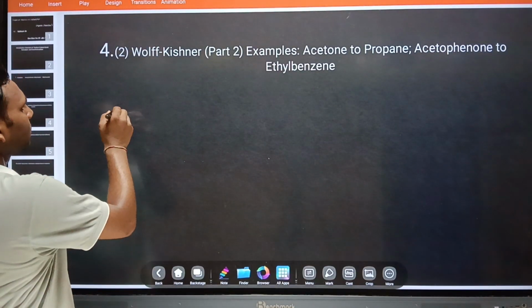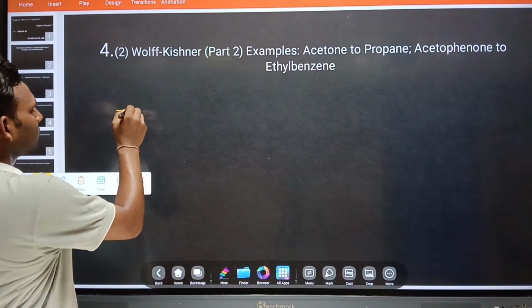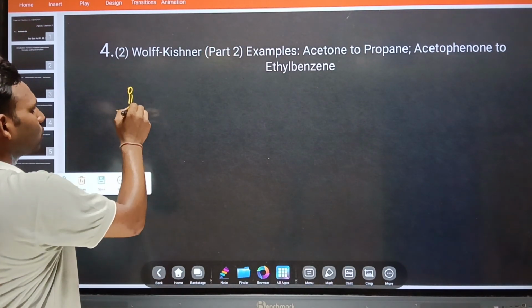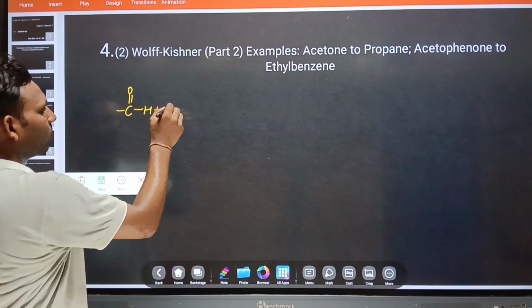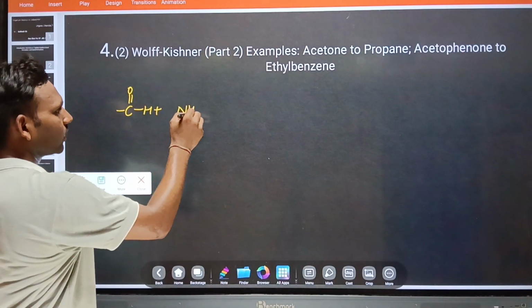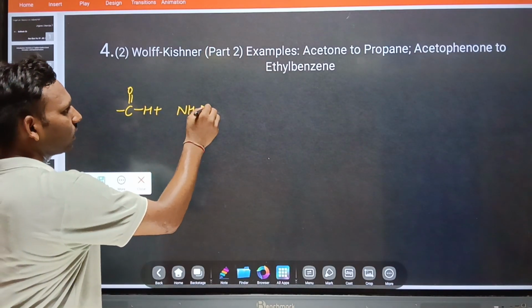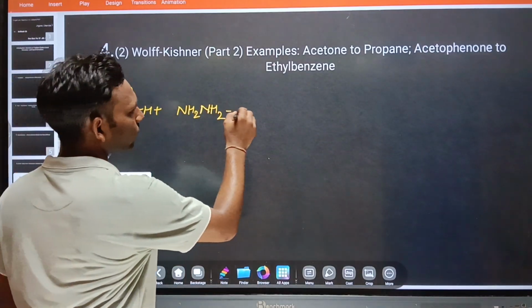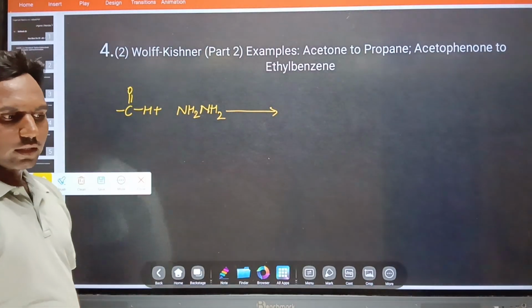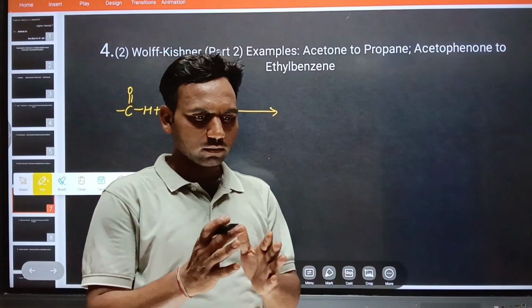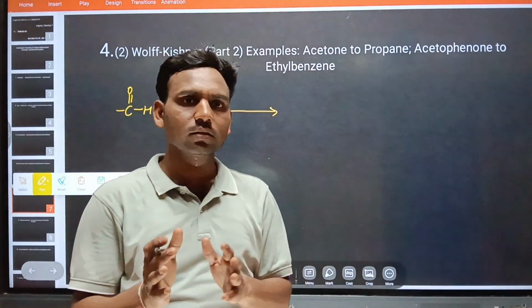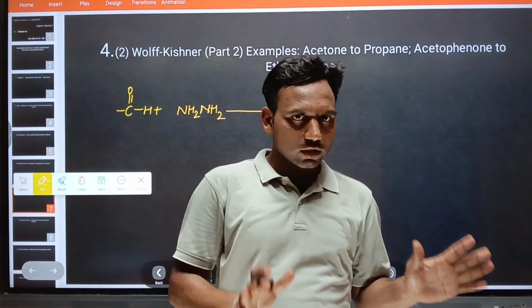Any aldehyde or ketone reacting with hydrazine, NH2, NH2, forms the hydrazone.